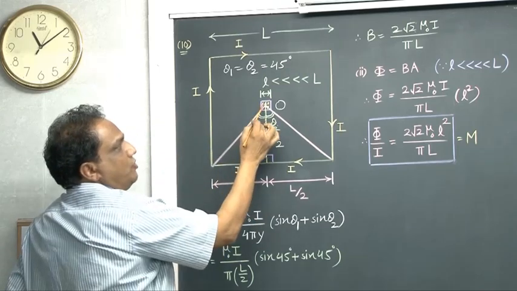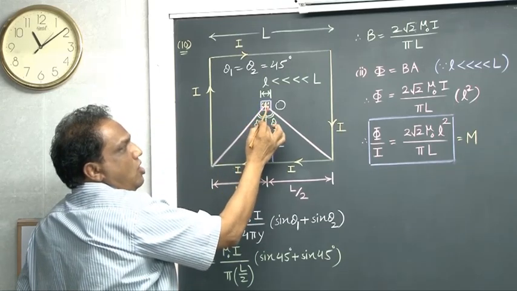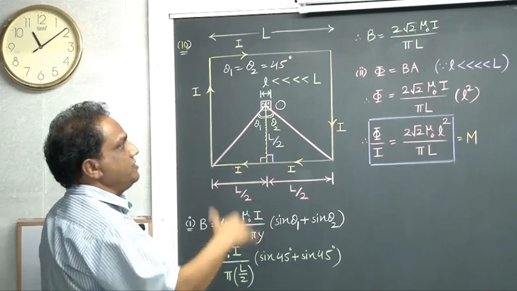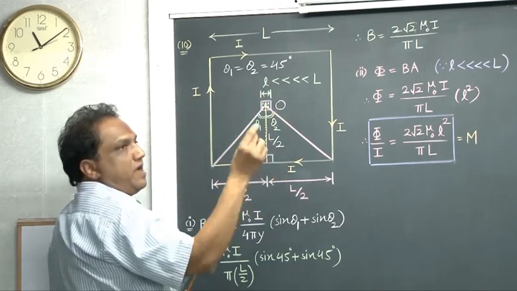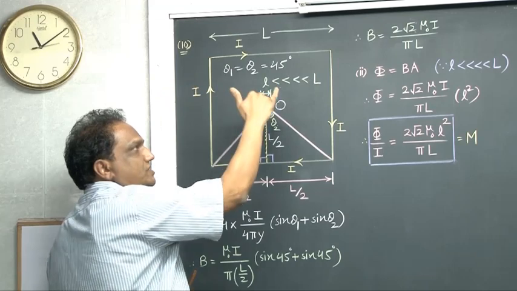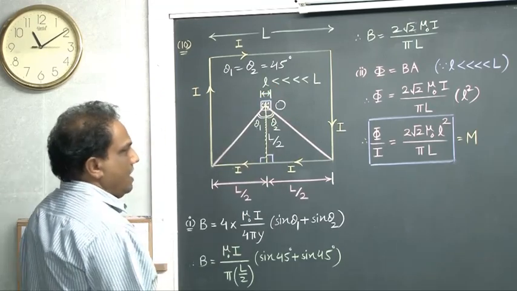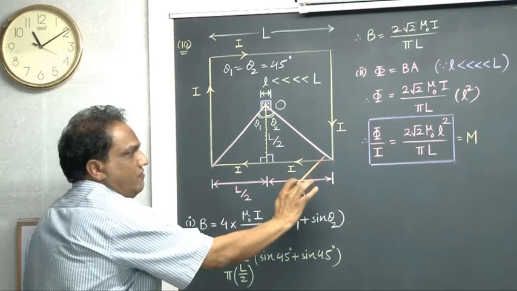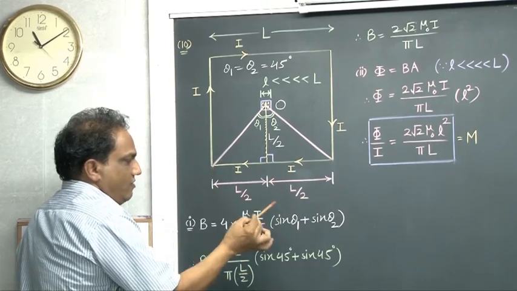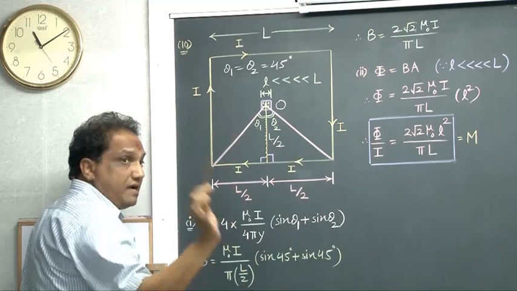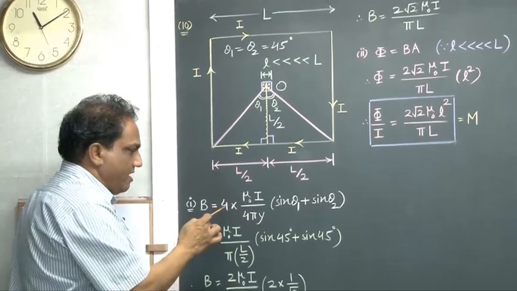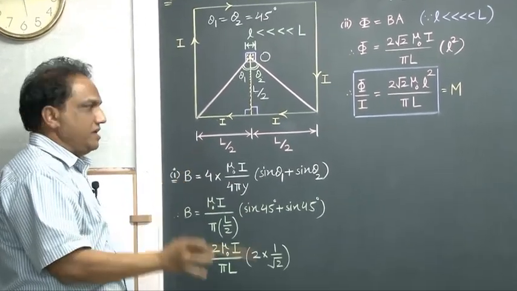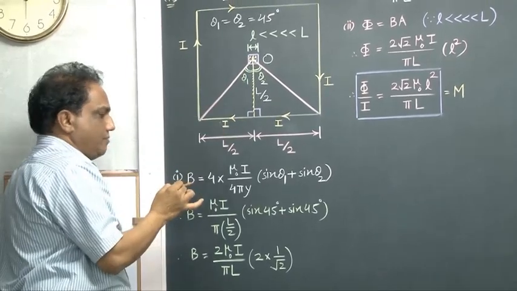That's why I am putting very small cross symbols just to indicate inside magnetic field. Now first of all, let us find the magnetic field due to only one side. Whatever is the magnetic field due to one side, we will multiply by 4 in order to get the resultant magnetic field at the center point.